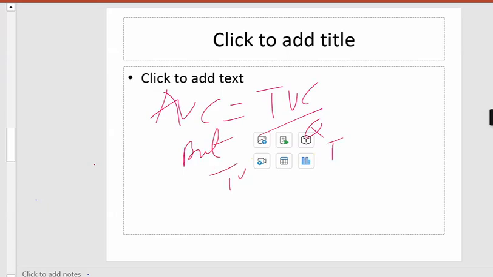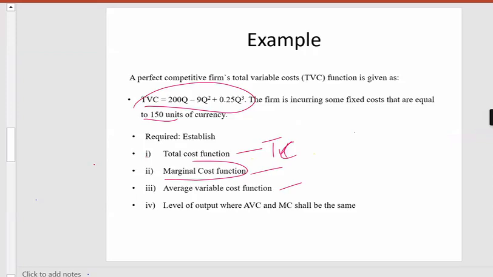Total variable cost is 200Q minus 9Q square plus 0.25Q cubic. Not 0.75, that 0.75 was marginal cost. Don't confuse. The total cost is this one. The total variable cost is this one.